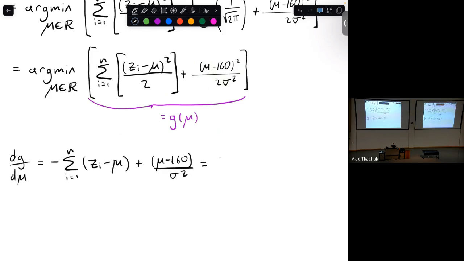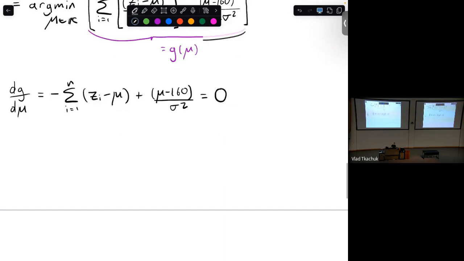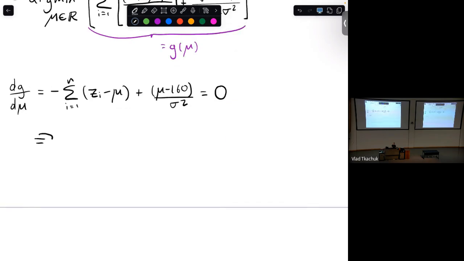And now we're going to want to set this to 0. And we just rearrange a little bit. And so we'll first rewrite this first term as the sum of zi's. Minus gives you plus mu. Mu is summed up n times. That's a constant summed up n times. That's just n times mu.